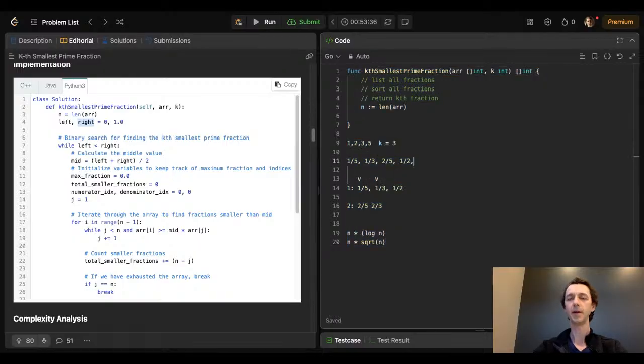And then I think we were at the reference fraction. Yeah, we were looking at this next smaller one.